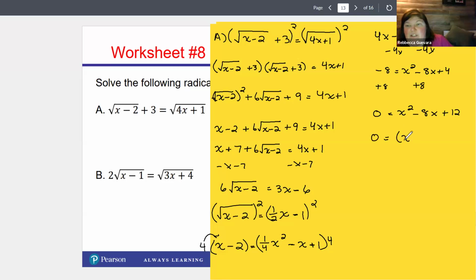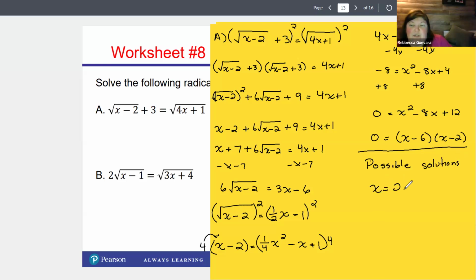So we can factor that into x minus 2 and x minus 6. Those multiply to give me 12, but add to give me negative 8. So my possible solutions are that x is either going to be 2 or it's going to be 6.